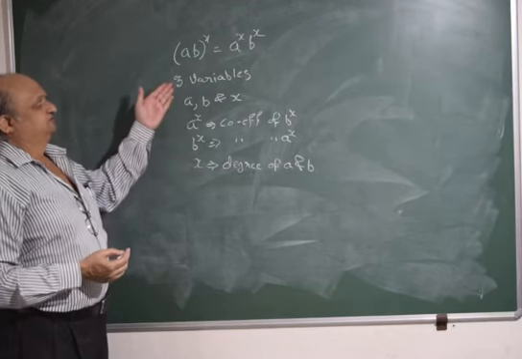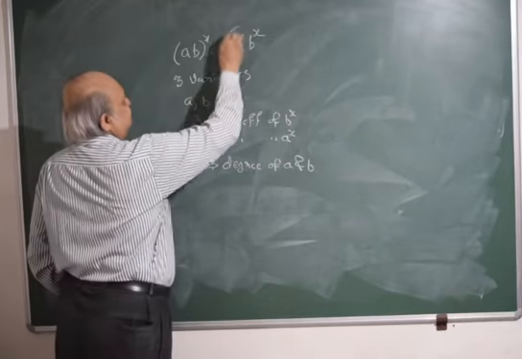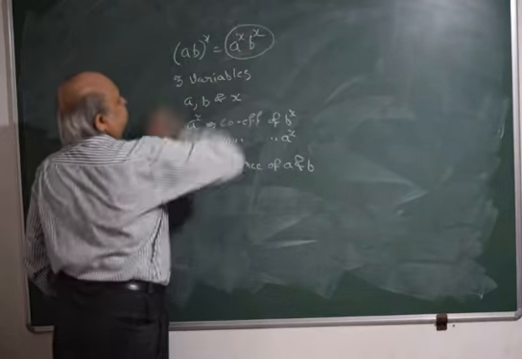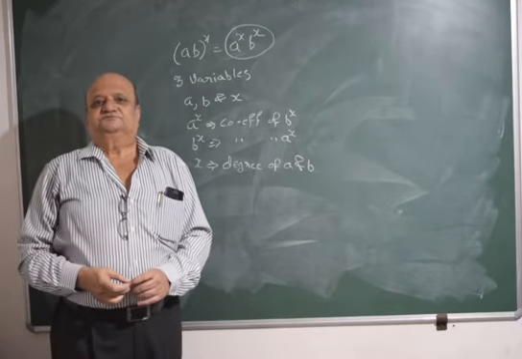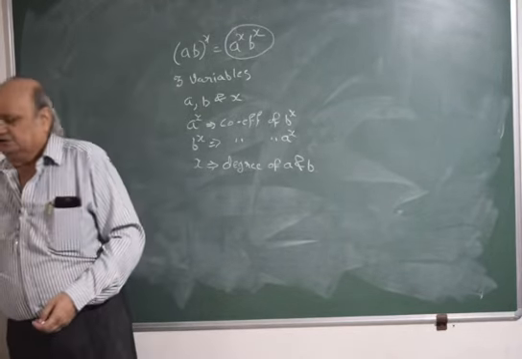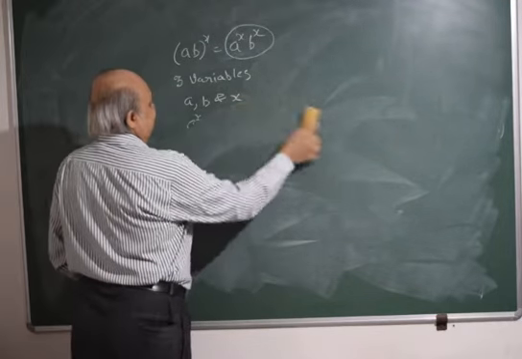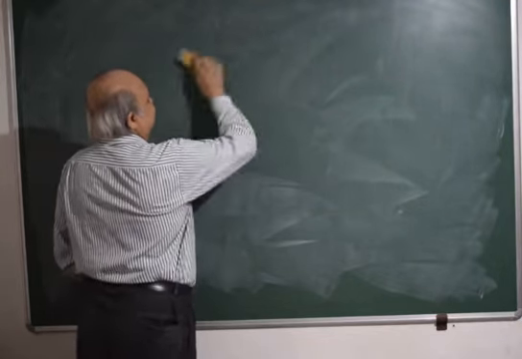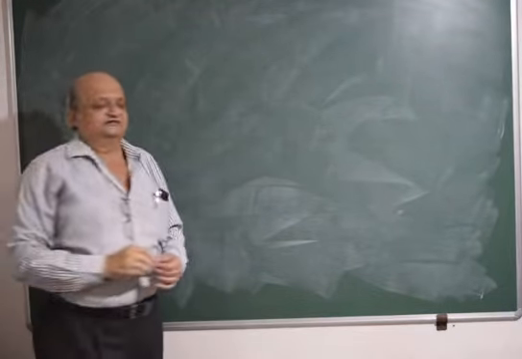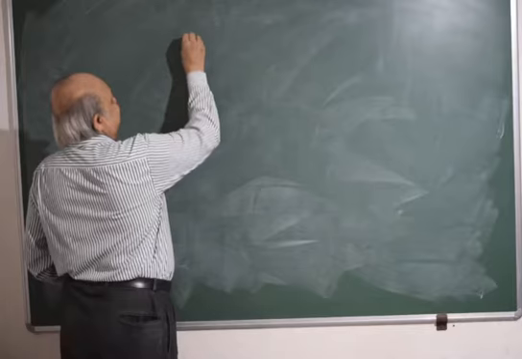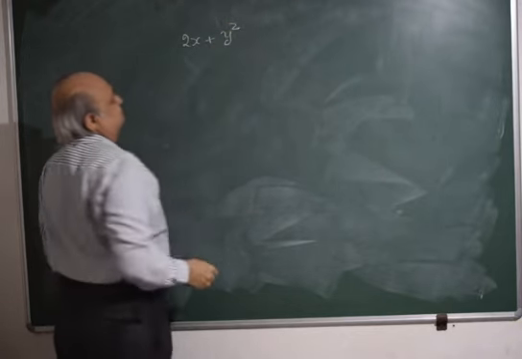So now we are using three variables in just one term. We can use two variables, three variables, any number of variables in one question. We can say that 2x plus y square.